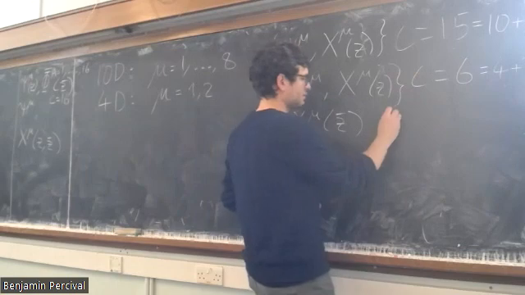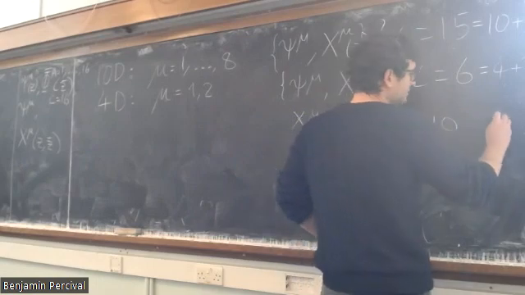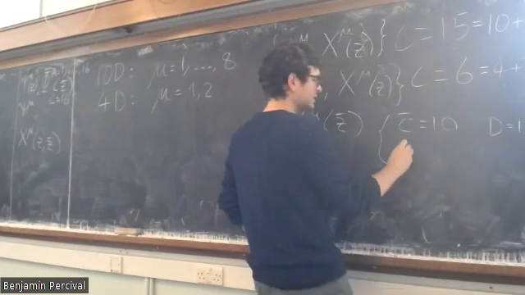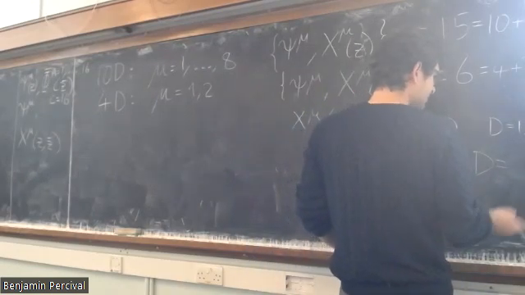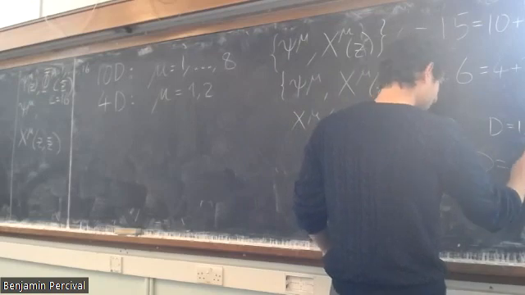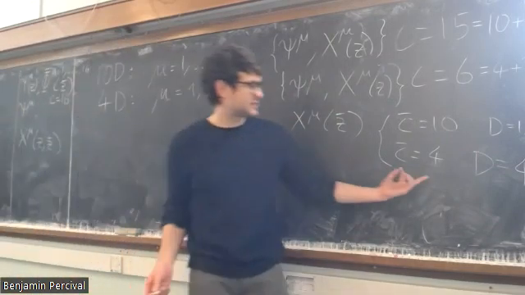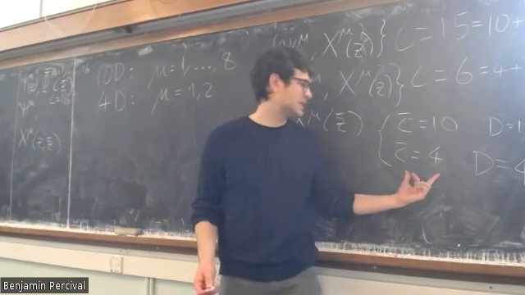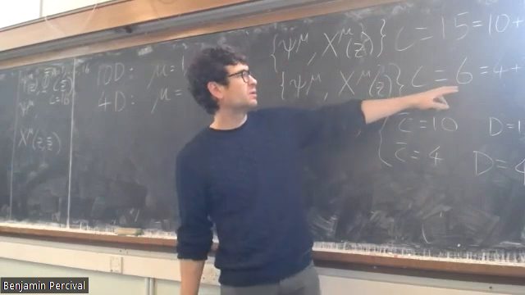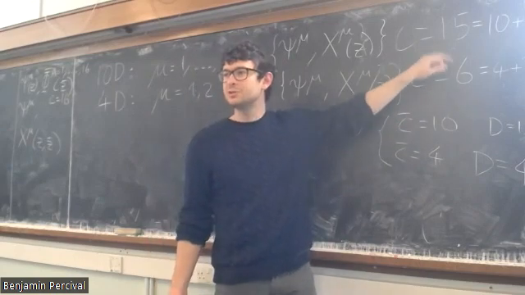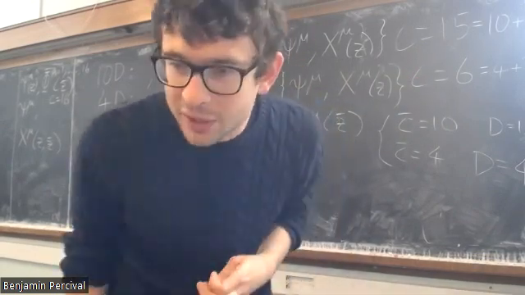So this would be c bar equals 10 in D equals 10, but in 4 dimensions you've only got c bar equals 4. So again, you've got an extra 6. We need an additional 6 contribution to c bar, and we need an additional 9 contribution to c, in order to cancel the conformal anomaly.